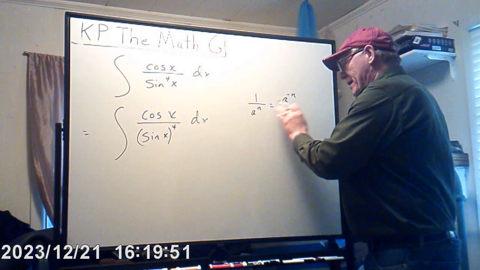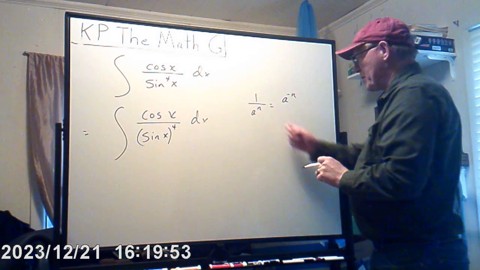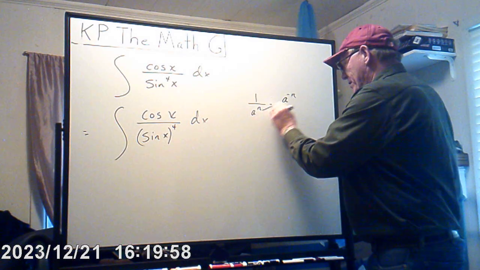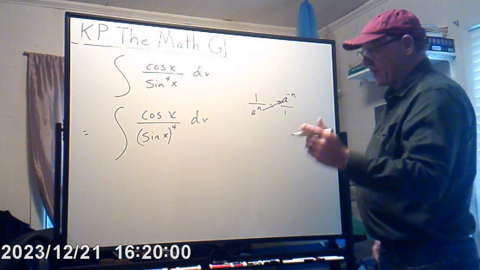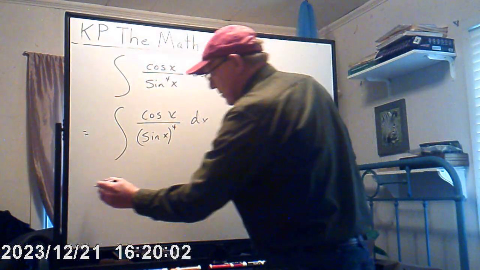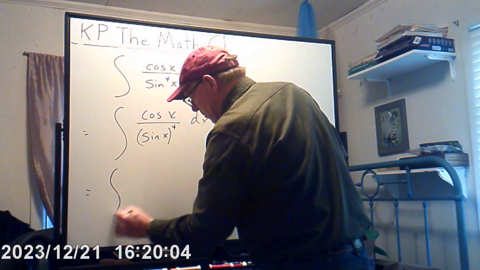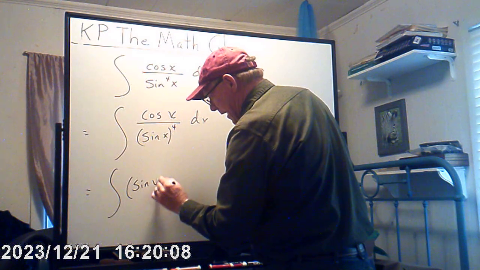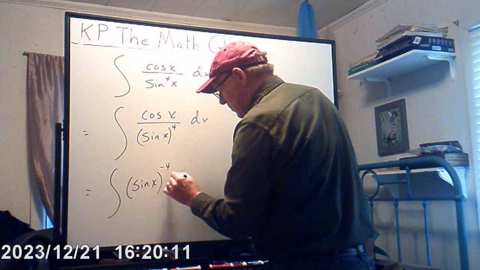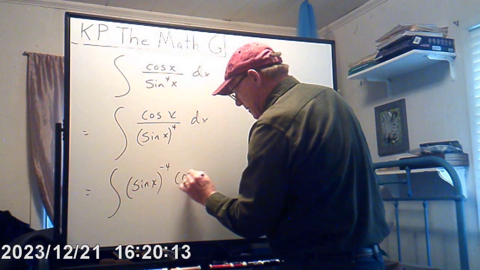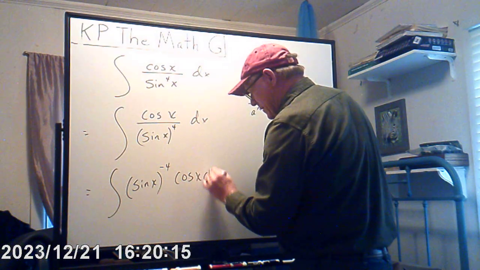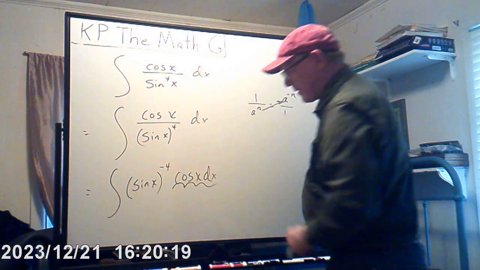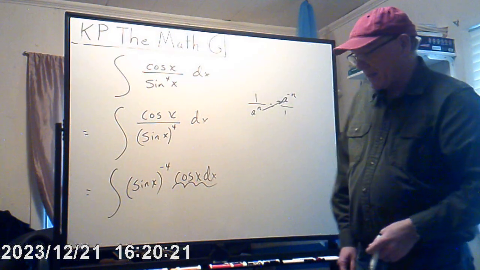Okay, it's not negative, in other words. So this is going to become negative up here like this. It's scooting it up this way. So let's rewrite it again. This is going to be, one more time, sine x to the negative 4th power cosine x dx. It would be nice if we could get that cosine x dx.